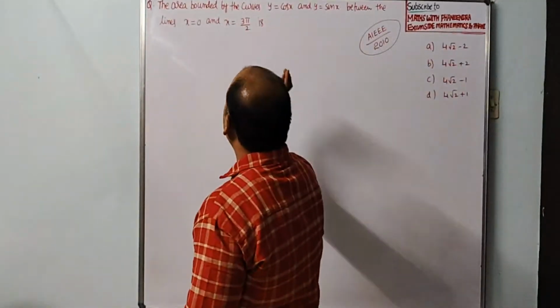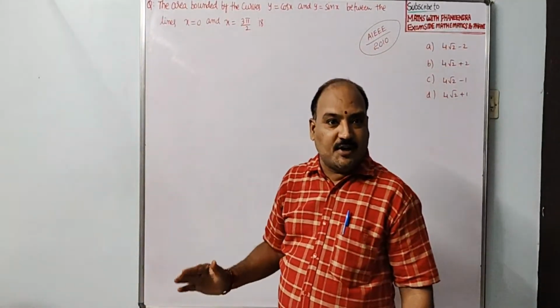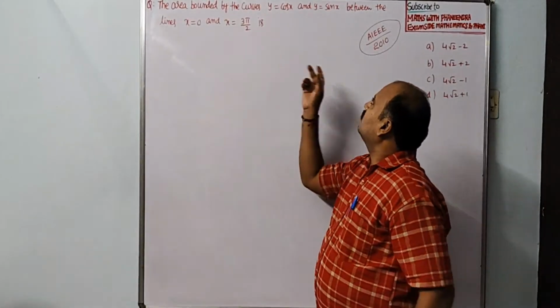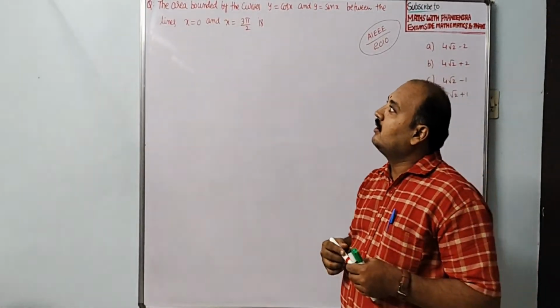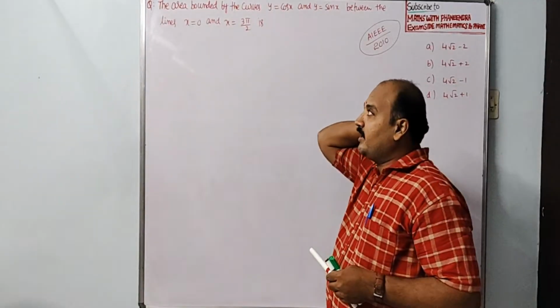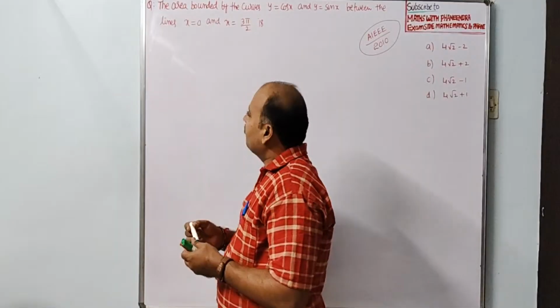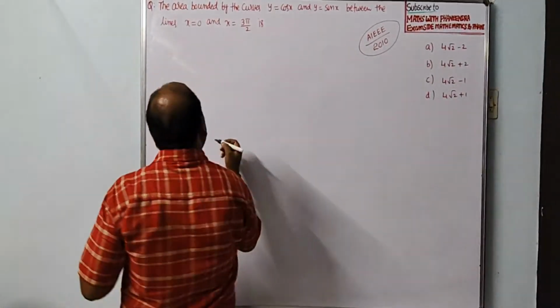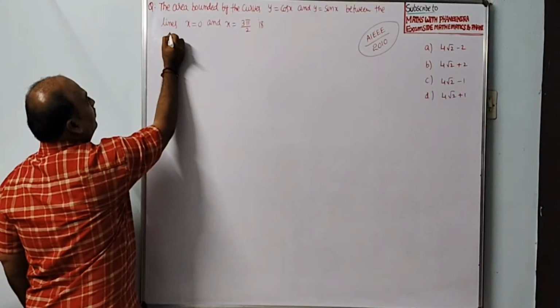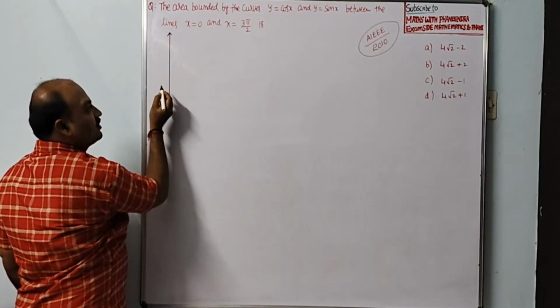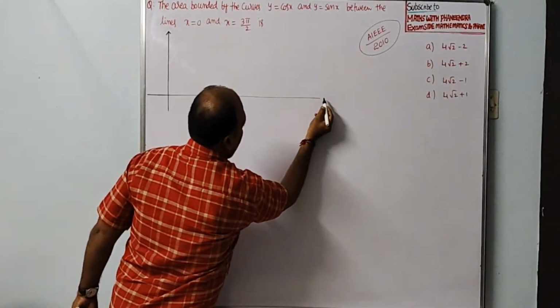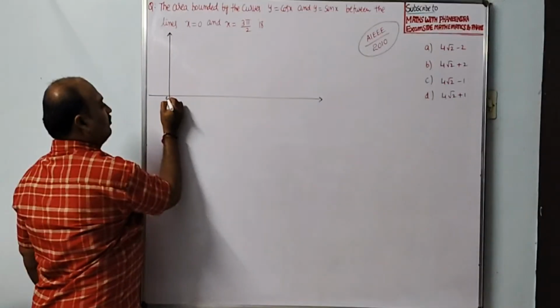So the area bounded by the curves y is equal to cos x and y is equal to sin x between the lines x equal to 0, which means the y axis, and x equal to 3 pi by 2. So first we need to draw the figure accordingly. This is the y axis. That means x is equal to 0.